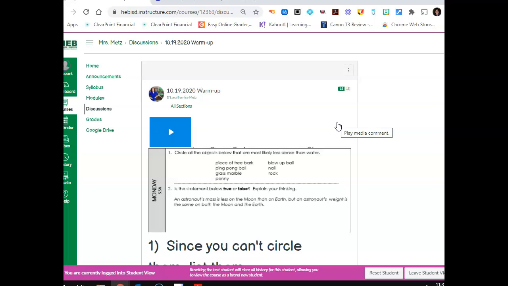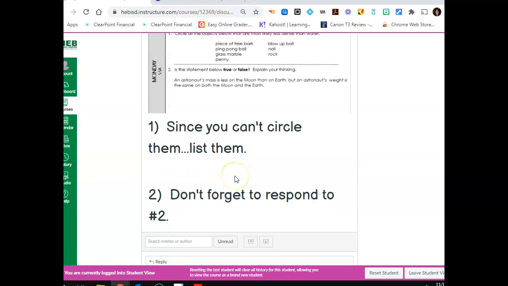An astronaut's mass is less on the moon than on Earth. But an astronaut's weight is the same on both the moon and the Earth. So what you are doing is you're telling me, is this a true or false statement and why?